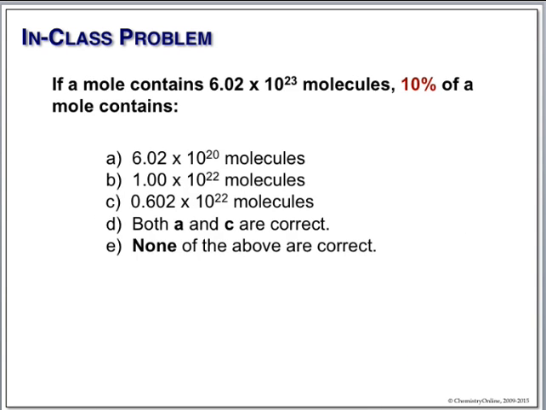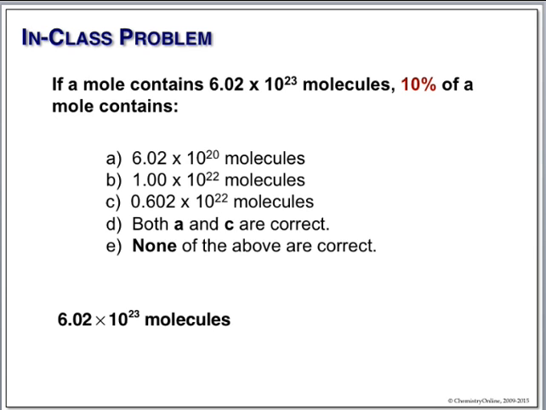This is another exam question. If a mole is 6.02 times 10 to the 23rd, what's 10% of a mole? Well, 10% is 1/10, isn't it? We can use our given here as our number of molecules. For our ratio, what is 10%?